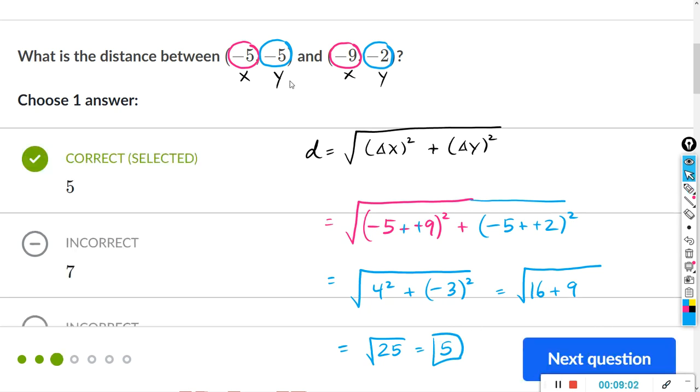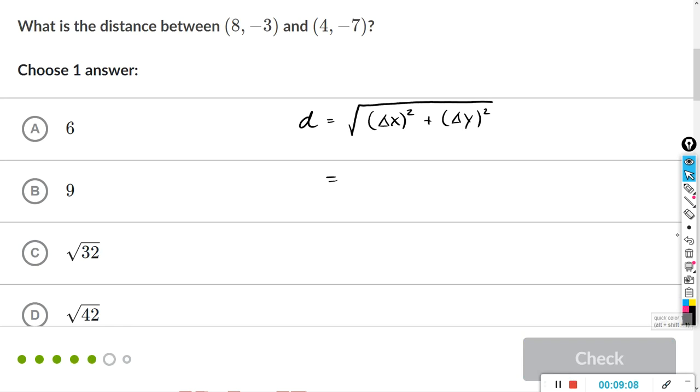Alright, I'll do one more like this because I'm not sure, I may have done the same one twice. Alright, so they want to know the distance between these 2 points. Remember, the x's are the first numbers and the y's are the second numbers. Alright, so we're just using the distance formula.